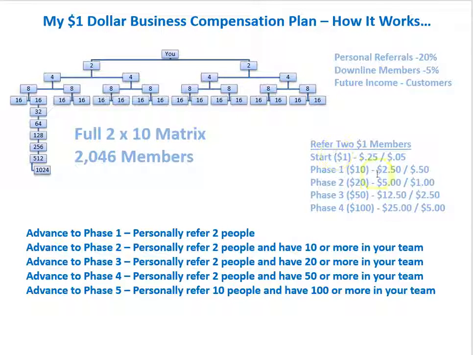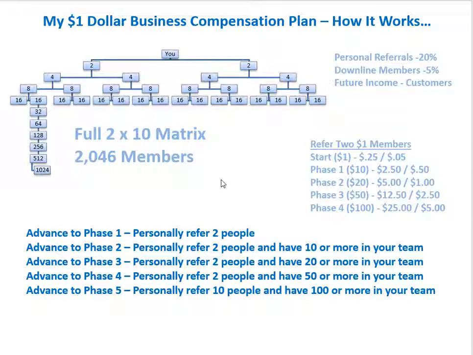At the $1 level, it's going to be very small. But when you start taking that and multiplying it times 10 at phase 1, and then into phase 2 and phase 3 and phase 4, you're going to see a growing monthly income in this business, especially as it begins to grow month after month after month.